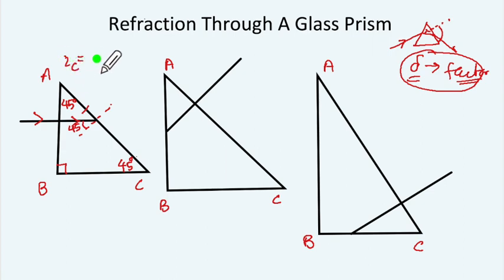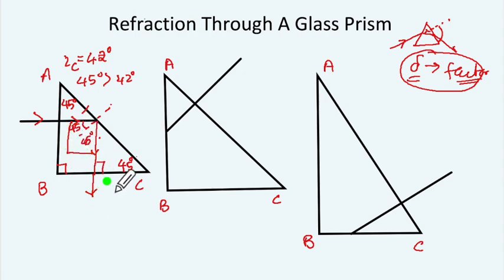The critical angle of glass is 42 degrees, and so you will see 45 degrees is greater than 42 degrees, so total internal reflection takes place. So this becomes 45 degrees, this will be 45 degrees, this will be 90 in this triangle, and it will emerge this way. Now you will see the deviation caused in the ray of light is 45 plus 45, which is 90.